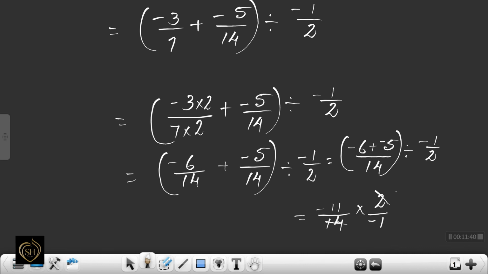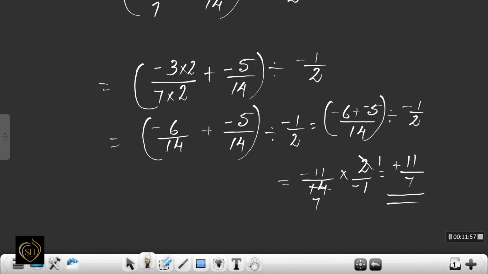Cancellation possible. Here 7, 7 2s are 14. Negative into negative, positive. Positive 11 by 7. So our answer is equal to 11 by 7.